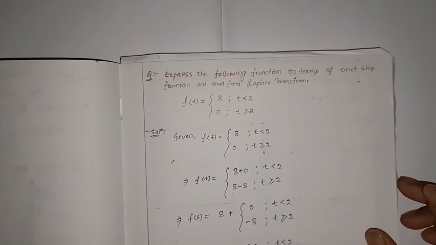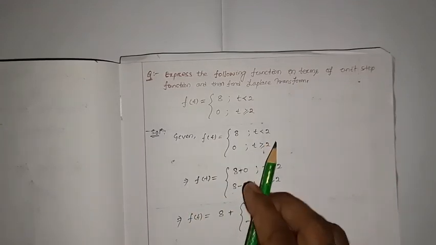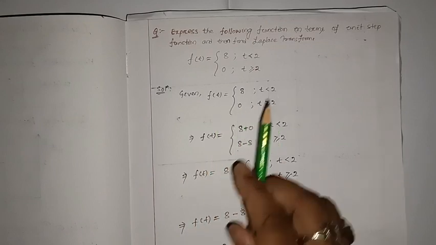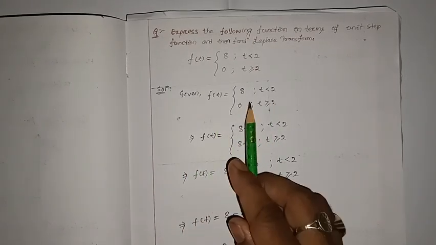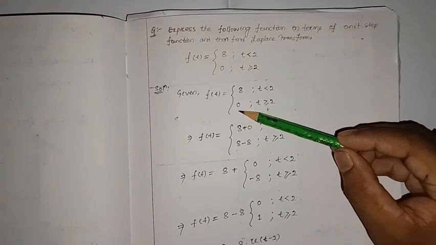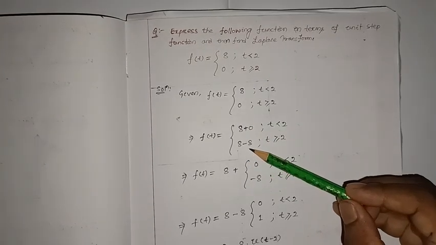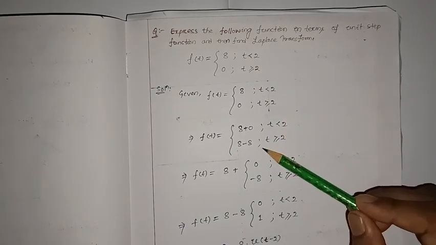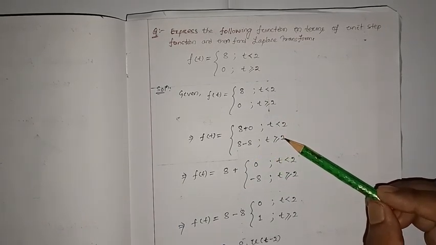So our first task is that we have to represent this function as a unit step function. Okay, how is it? See, the given function is this one. That implies f(t) can be written as, here 8 can be written as 8 plus 0 and 0 can be written as 8 minus 8.